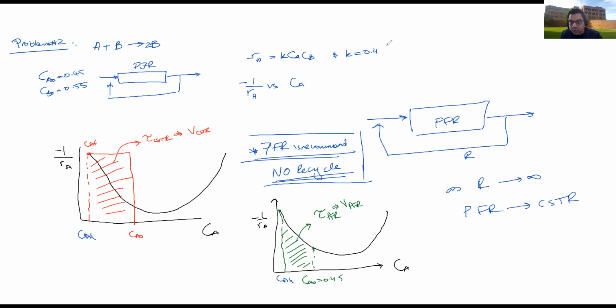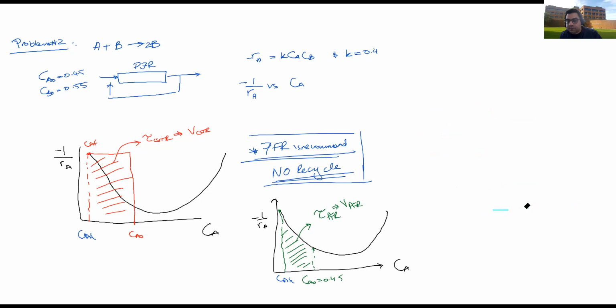Just talk a bit more. In what case would you want to use a PFR with a recycle? Let's say I have the same exact reaction, same exact system, but now my initial concentration is different. We said this is minus 1 over RA, and this is CA, right?